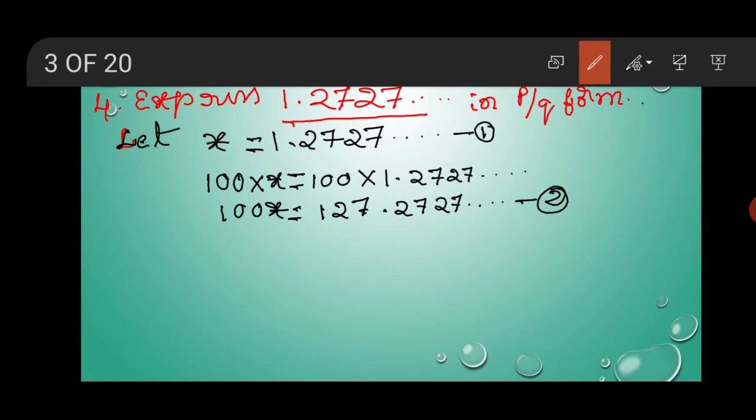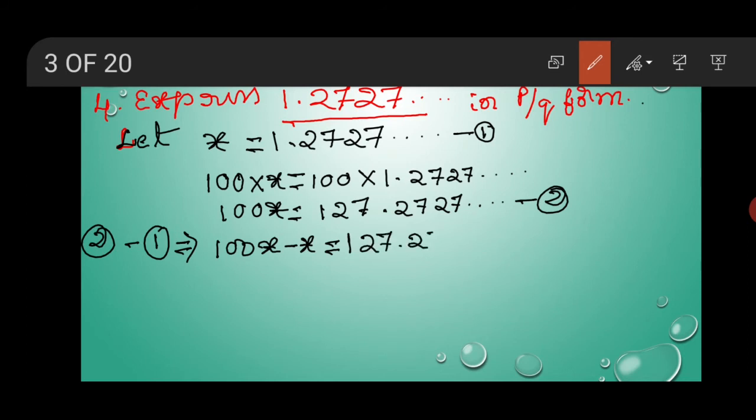This is equation number 2. Now subtract equation number 2 minus equation number 1 gives 100x minus x is equal to 127.2727 on and on minus the right hand side of equation number 1, which is 1.2727 on and on.